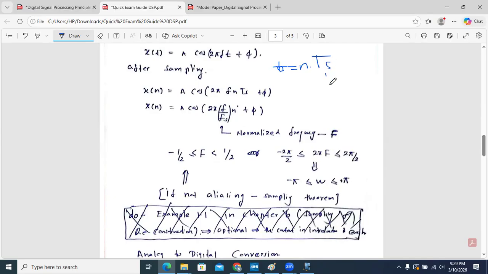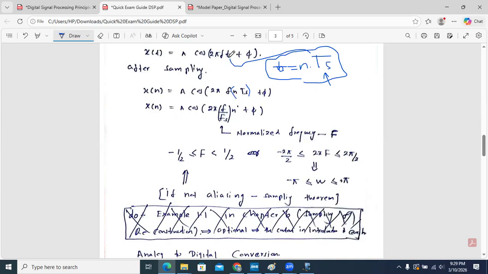Ts is the sampling time and n is the sample number. So please write this equation, it is also needed. Now you need to replace t with n, so t can be replaced using nTs.